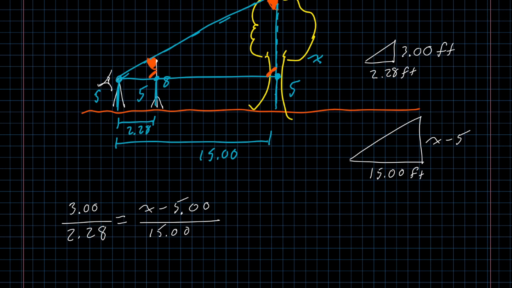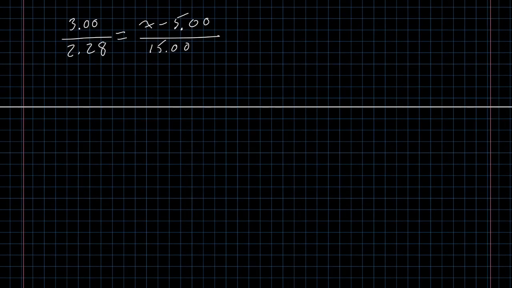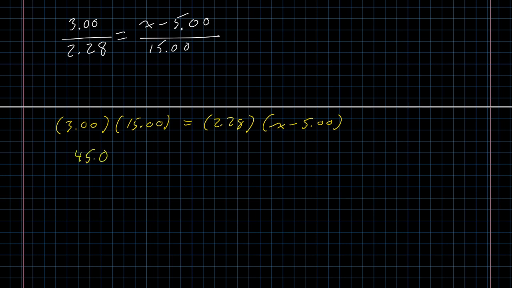Now that we've set this up as a proportion, we can solve the proportion. We don't need the picture anymore. We're going to have 3.00 times 15.00 is equal to 2.28 times x minus 5.00. And be careful, make sure you distribute over there on the right-hand side. 3.00 times 15.00 is 45.0.